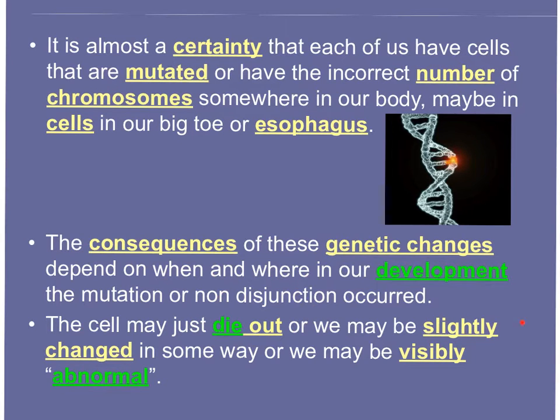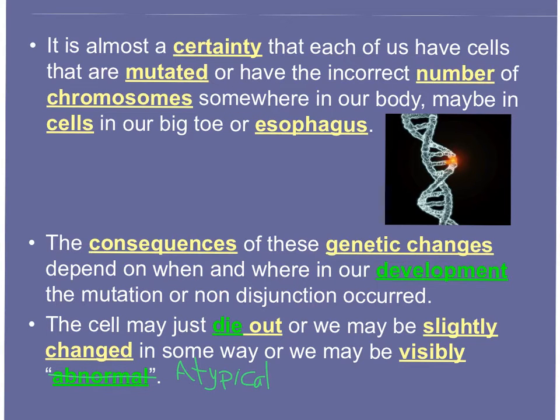It could also be changed in some way, again, as a result of too much protein or too little protein, and it depends on what protein is being made and where the chromosome is. And we can also appear to be, I'd prefer to use the word atypical maybe.